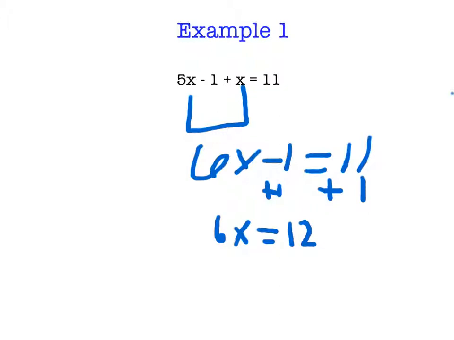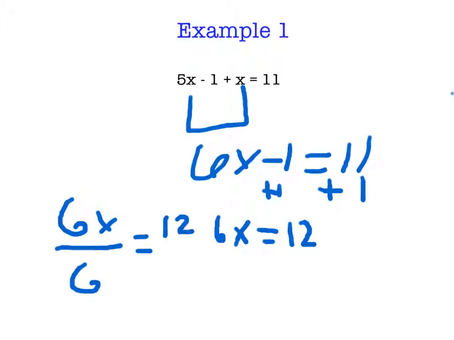Now you have to set up a division problem that looks like a fraction with the variable. So 6x over 6 equals 12 over 6. Now as you can see, 6x over 6 will cancel out because we want the variable by itself.